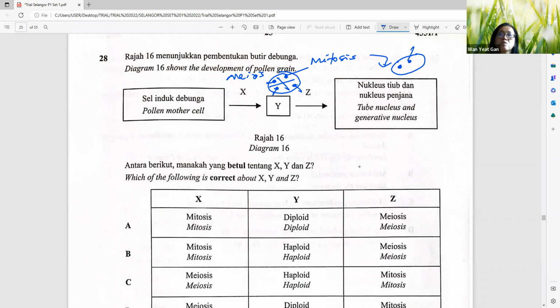One is a tube nucleus, the other one is a generative nucleus. So each microspore has 2 nuclei. Okay, so the answer is C, meiosis producing haploid microspores, which then undergo mitosis to form 2 nuclei.